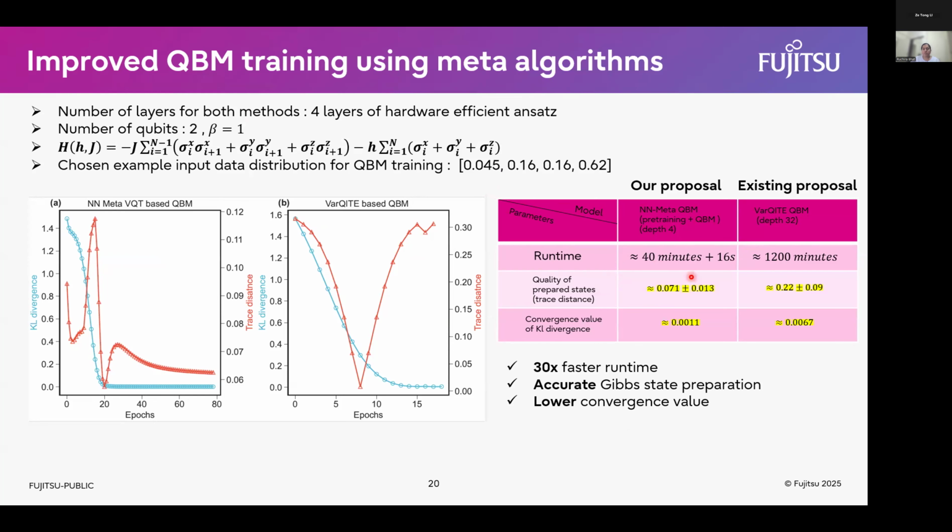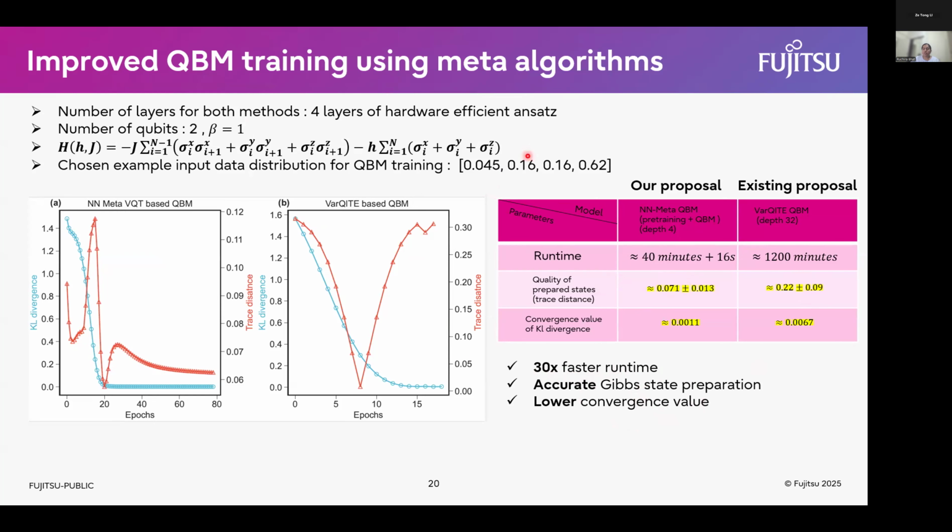And what we observed is, using our method, we could actually improve the runtime by 30 times, and the Gibbs state preparation accuracy is also much higher than the existing proposal, and also we were able to achieve a lower convergence value.